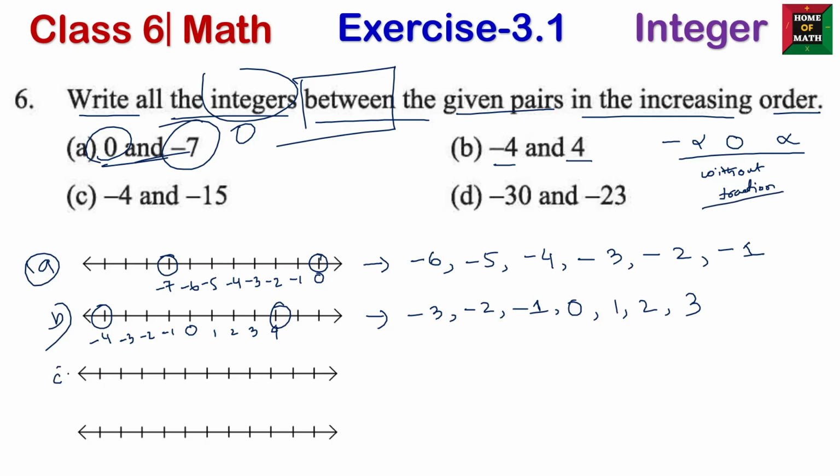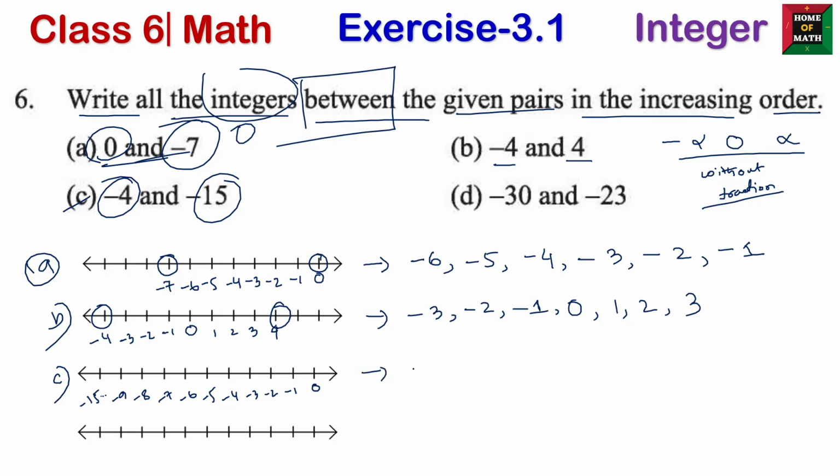So number C, minus 4 and minus 15. So we can consider this one is 0. So minus 1, minus 2, minus 3, minus 4, minus 5, 6, 7, 8, 9, and so on. Think this is minus 15. Okay, so between, it should exclude minus 15.